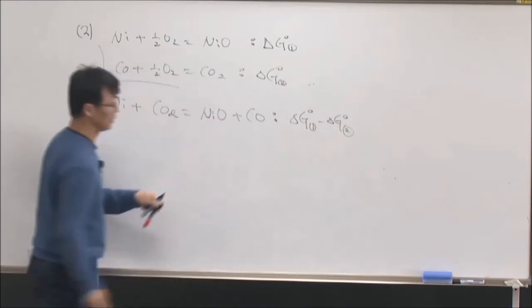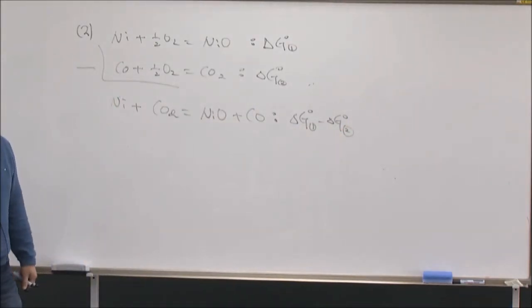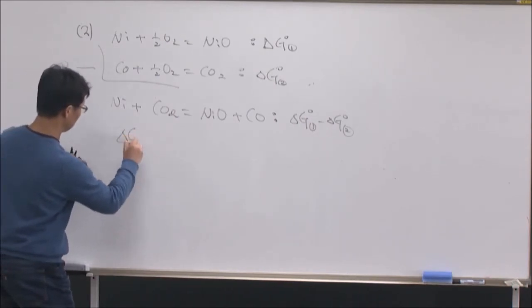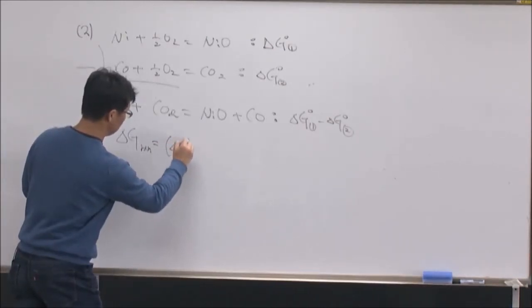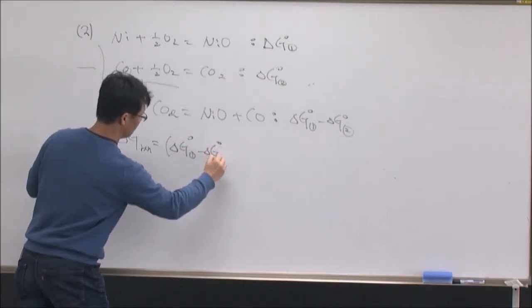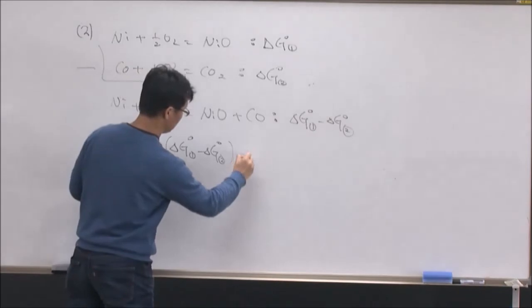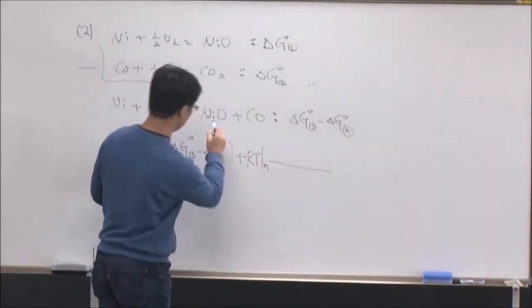The chemical reaction Gibbs energy is delta G naught 1 minus delta G naught 2. Is it okay? You good? Same thing. I have to know whether this chemical reaction goes forward or backward here. I'm not talking about the equilibrium state here. I didn't ask you about the equilibrium state. I'm asking whether the reaction goes forward or backward. So what I have to calculate is delta G of reaction. This is delta G naught of reaction plus nickel oxide.